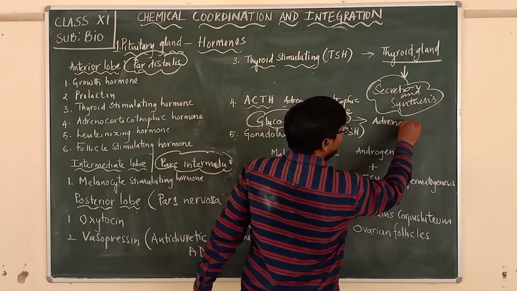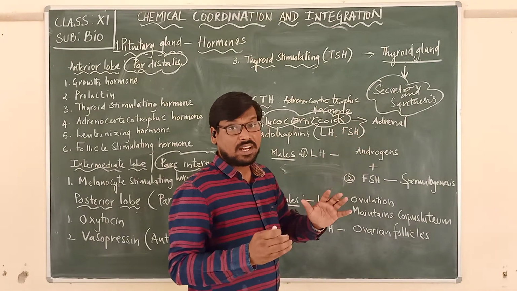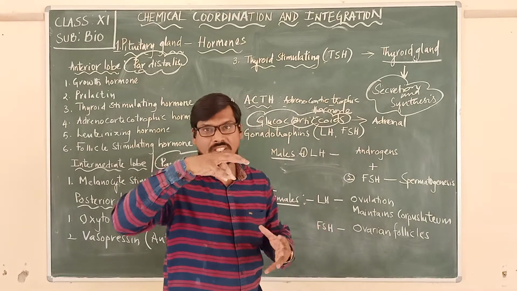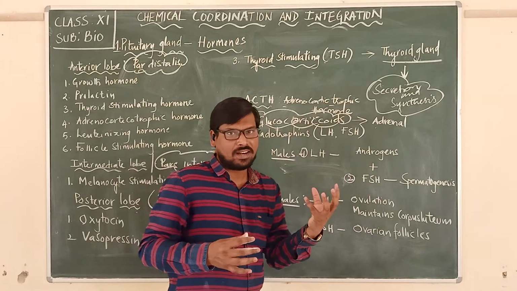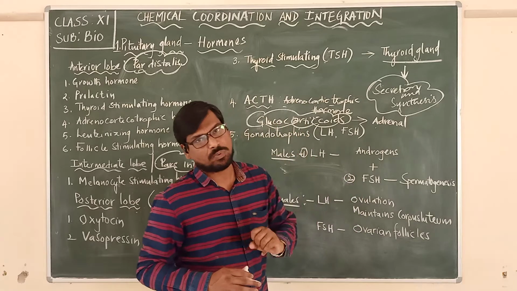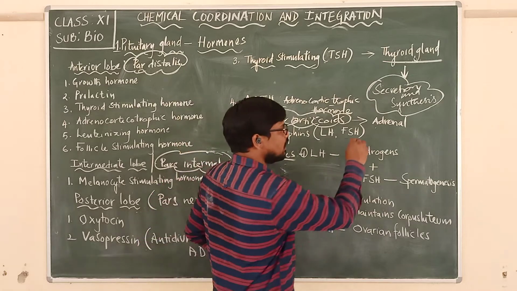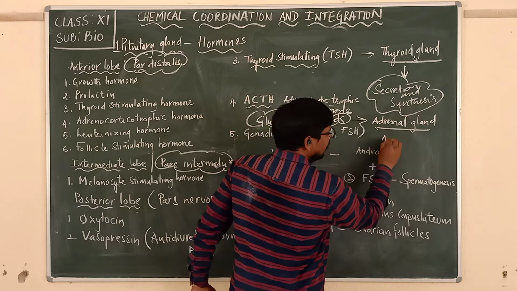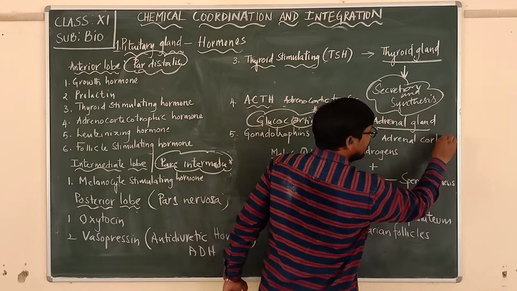A very important point to remember is that the adrenal gland is found as a cap-like structure on each kidney. If you cut the adrenal gland in transverse section, you will see two regions very clearly, the adrenal cortex and the adrenal medulla. So here we are stressing that from the adrenal gland, we are looking at the adrenal cortex.